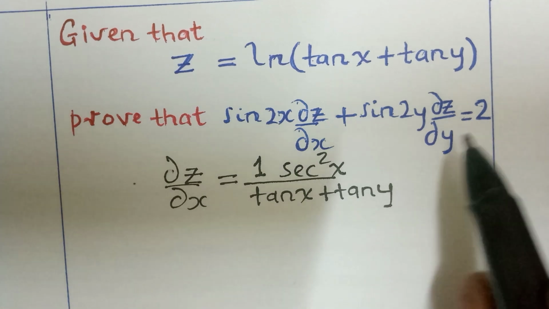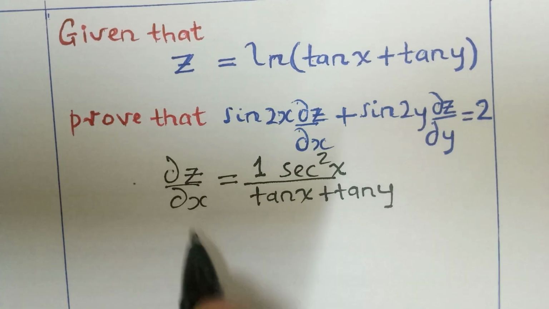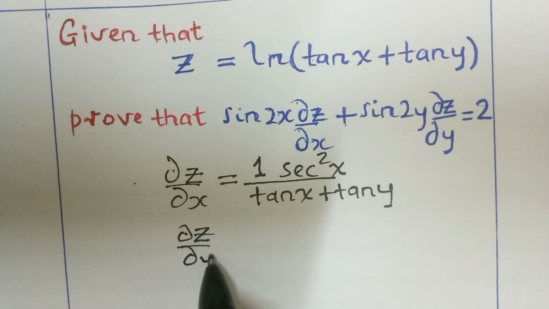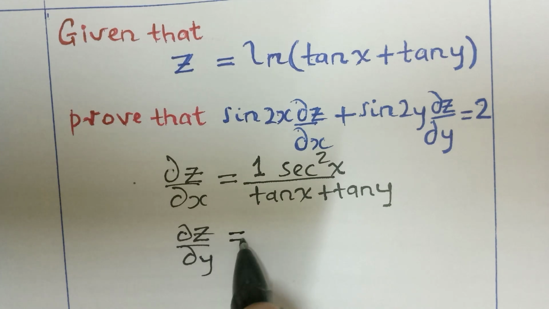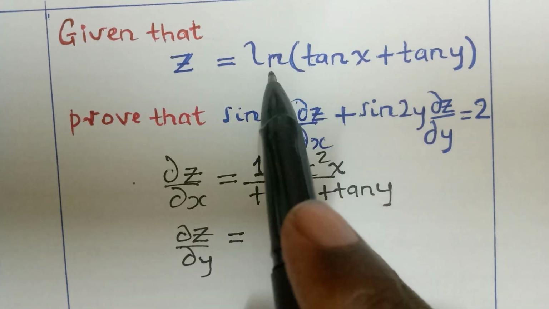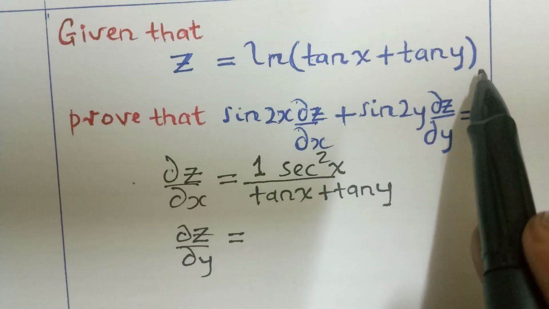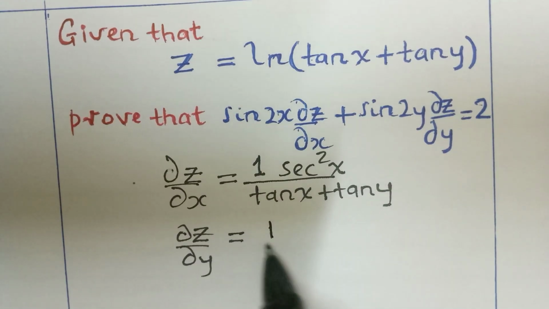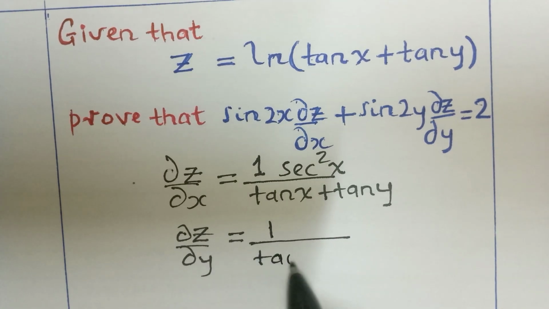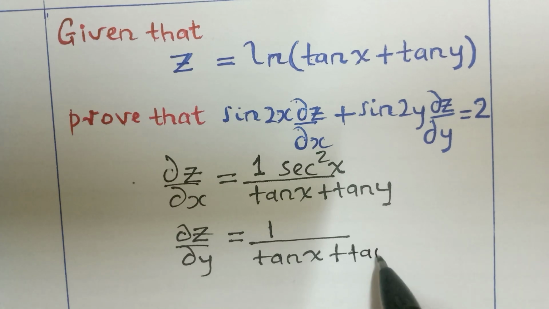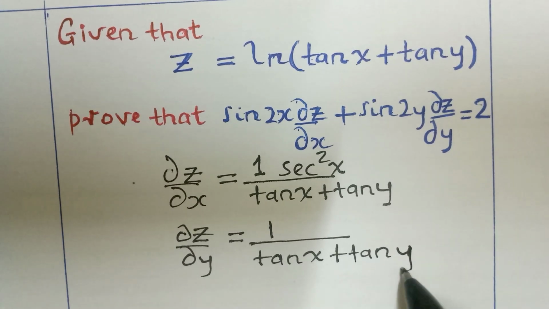Then coming to the partial differentiation of z with respect to y, z equals ln of whatever is inside, so you get 1 over tan x plus tan y.